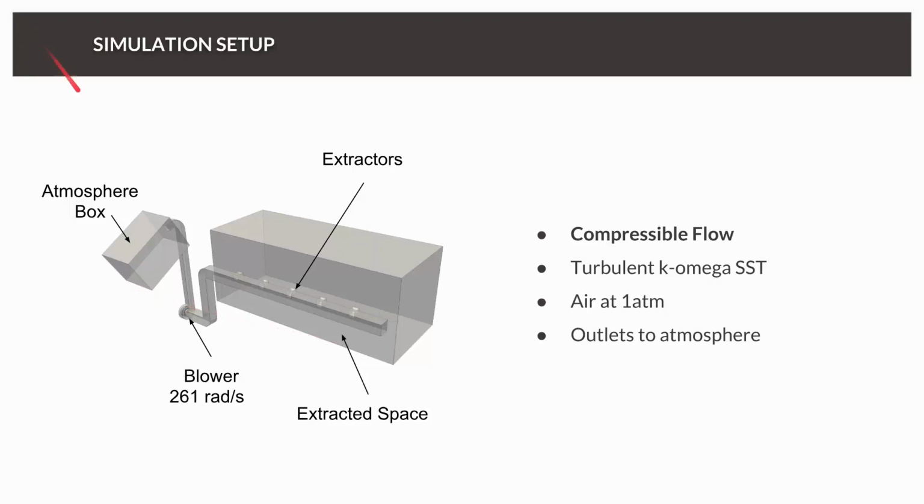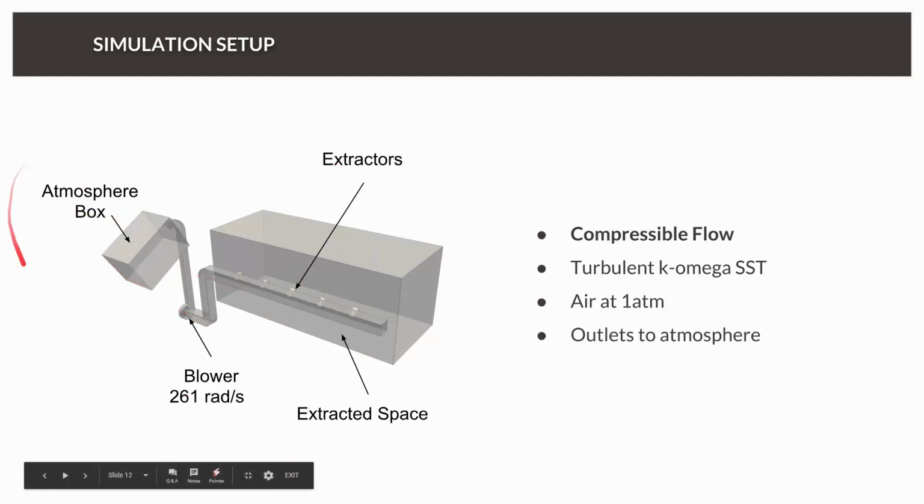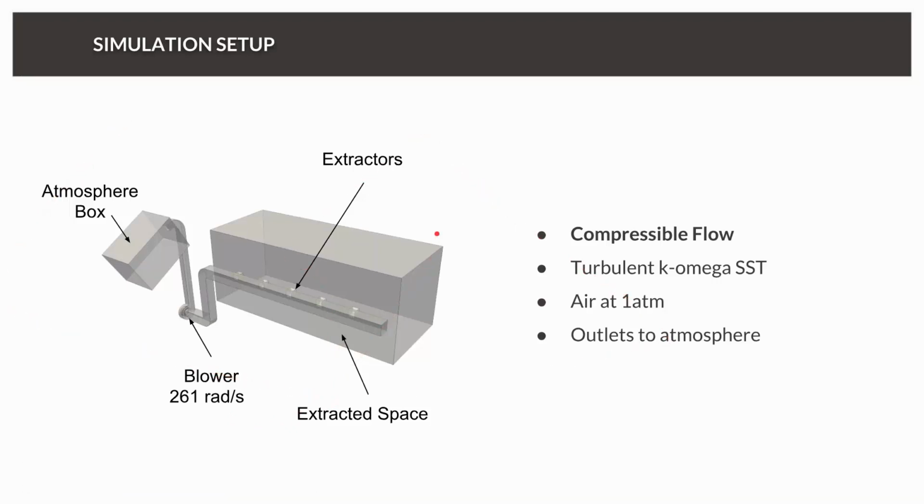However, our setup is like this: we have an atmospheric inlet box here, so there we have ambient pressure of approximately 1 atmosphere. We have the blower, which is rotating at 261 radians per second. And these outlets here are also outlets to the atmosphere.